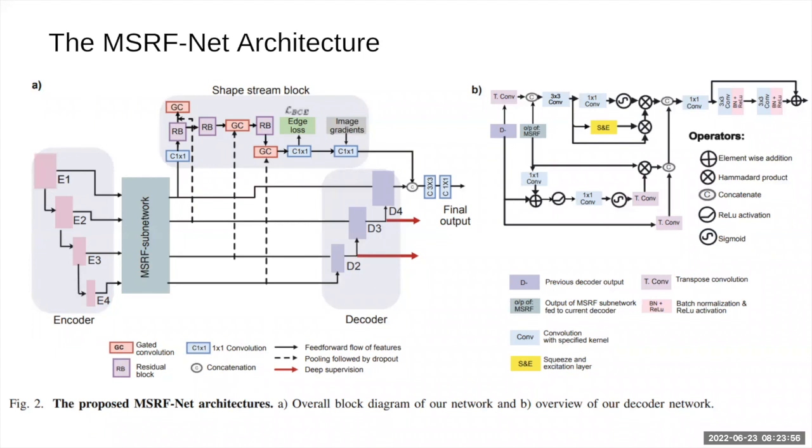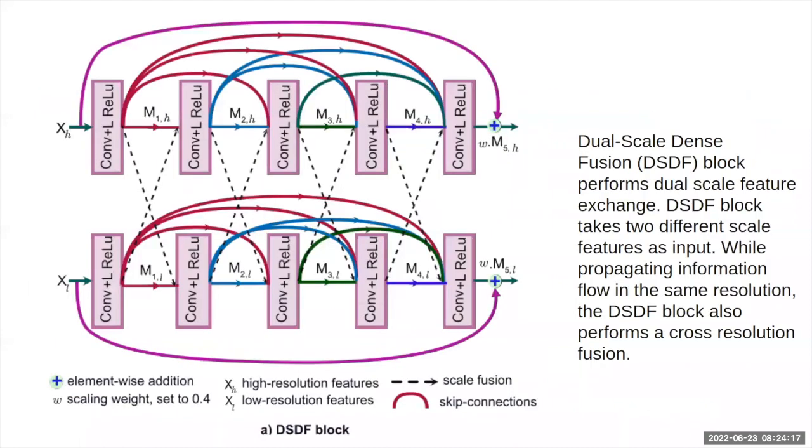And on the right side, you can see the decoder net block. It's also pretty sophisticated with a lot of layers, but this decoder part is based mostly on convolutional layers. Let's go to the next slide.